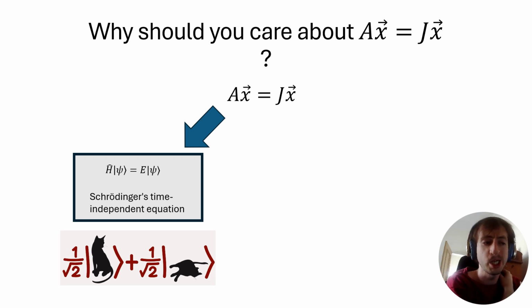Particularly for this channel, which has a focus on modern physics, so principally quantum mechanics and relativity, one good example of an eigenvalue equation is one in quantum mechanics. And the Schrödinger equation can actually take the form of an eigenvalue equation.